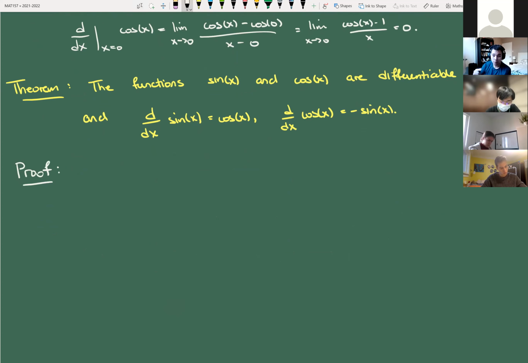Okay, so I'll do the proof only for sine. The proof for cosine is almost identical, though for the proof of cosine, you have to use the cosine angle sum identity, which, you know, you can look up. But yeah, so let's do it for sine.